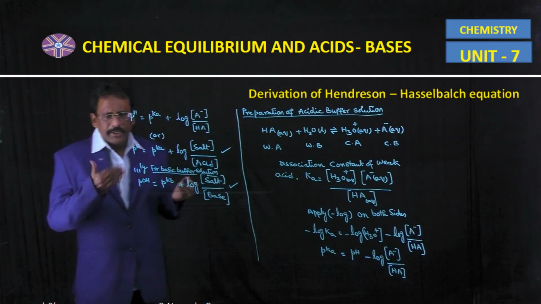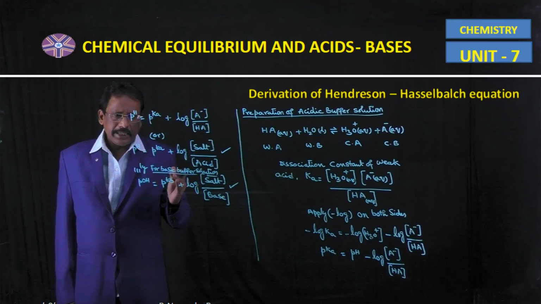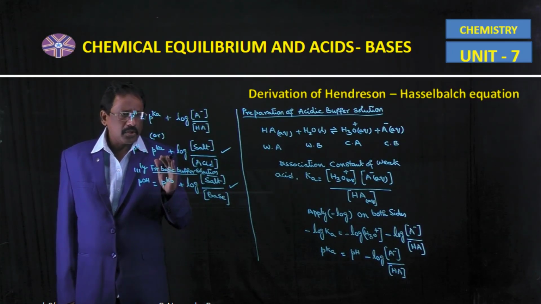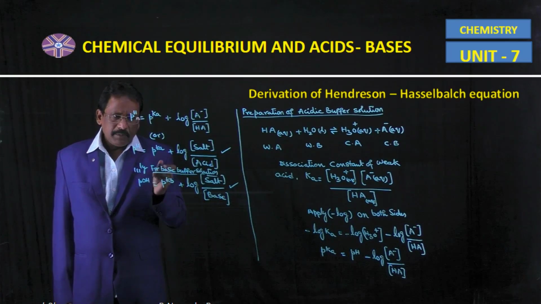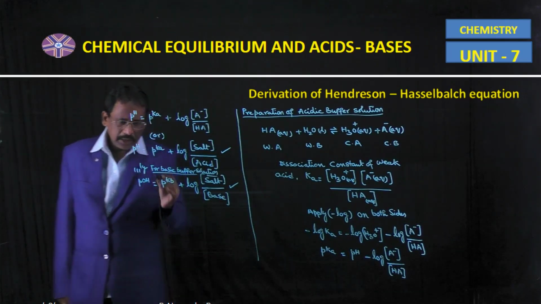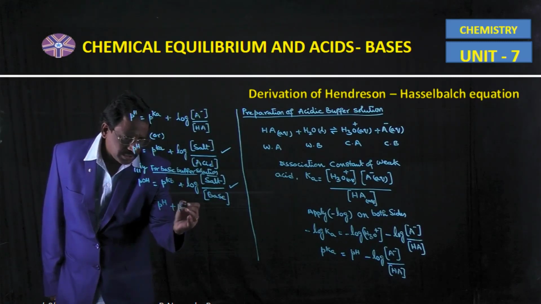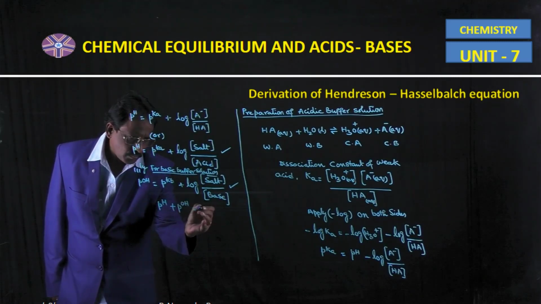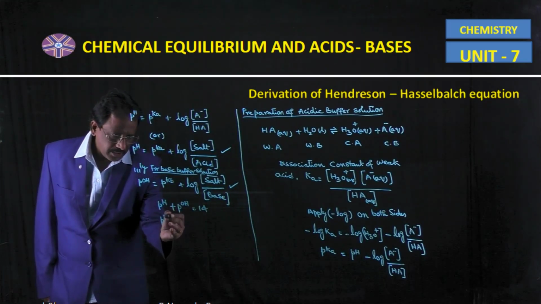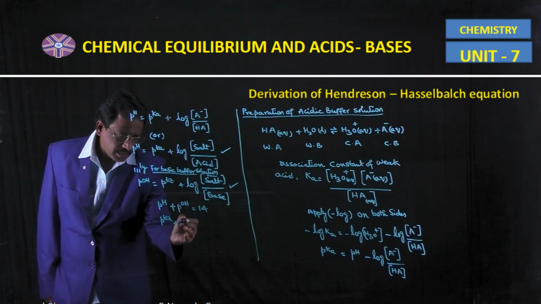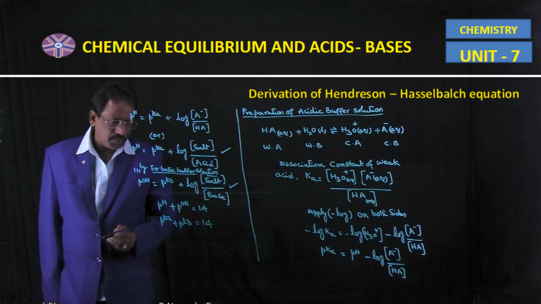The basic buffer solution contains a weak base and its salt of a strong acid. For this solution, pH plus pOH is equal to 14. Similarly, pKa plus pKb is also equal to 14.